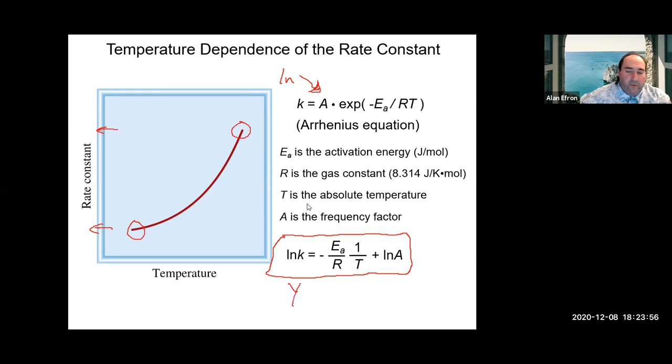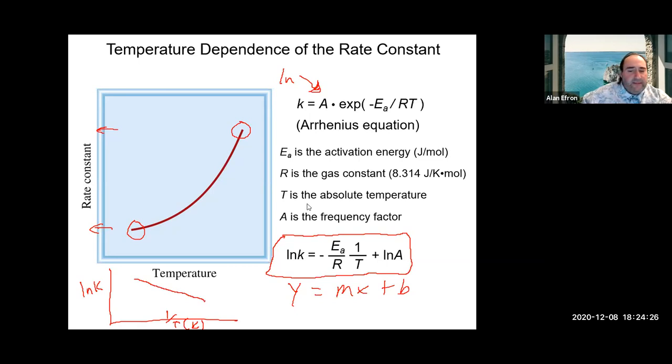So this is y is equal to mx plus b, which as we'll see in just a second is the typical plot that we do for these where we're looking at the temperature relationship versus the rate constant. If we turn this into a linear relationship, on the y would go the natural log of k, on the x would go 1 over T in Kelvin, and that will give you a linear relationship.